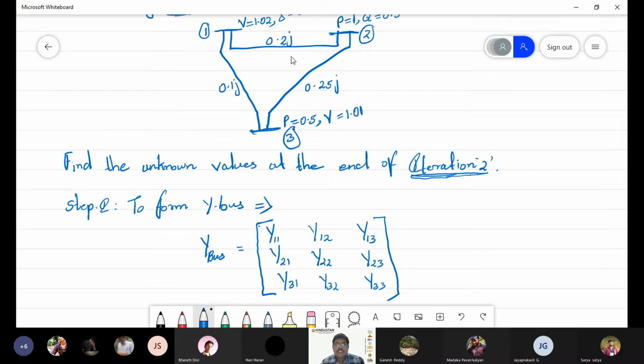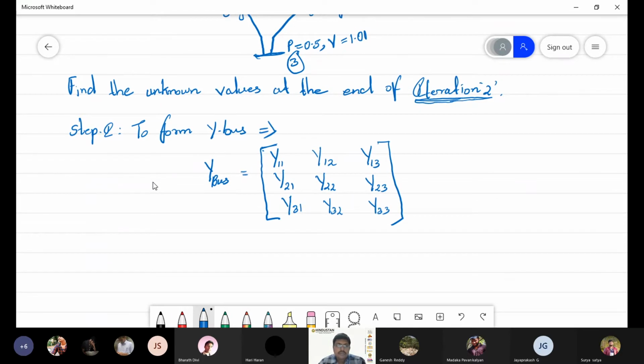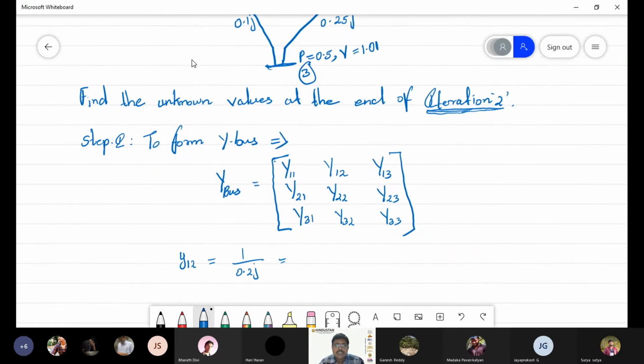Listen, between 1 and 2 you can see that 0.2j is there. We are going to find them one by one. That is, y12 is equal to 1 divided by 0.2j. Am I right? Let us see what the value will be.